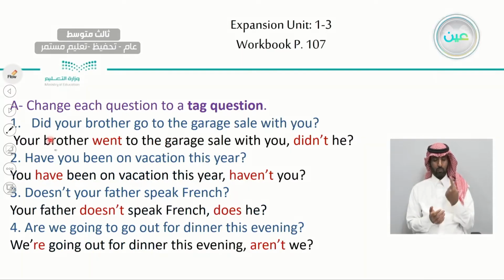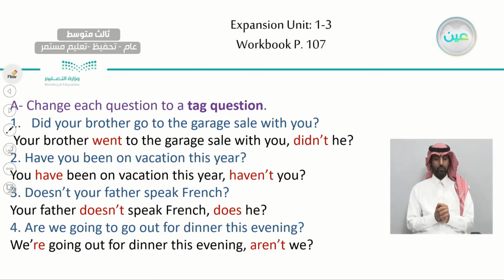Number 1, your brother went, because here did, it's the past, to the garage sale with you, didn't he? If we have a positive statement, then the tag is negative. If we have a negative statement, like here, the tag is positive. Okay, number 2, you have been on a vacation this year, haven't you?